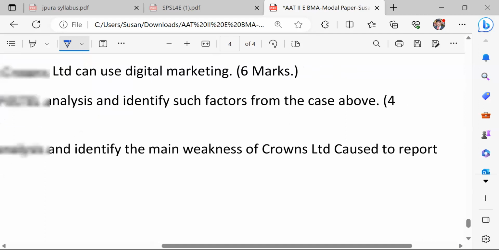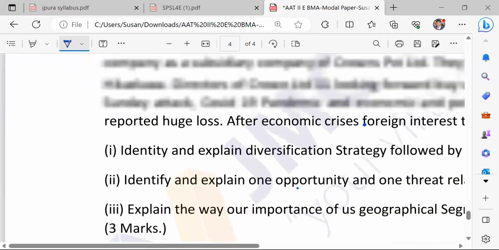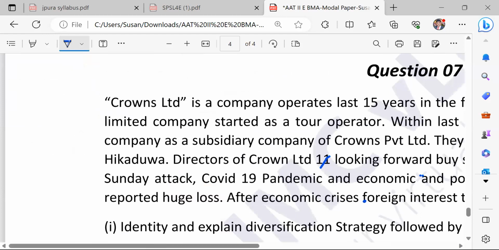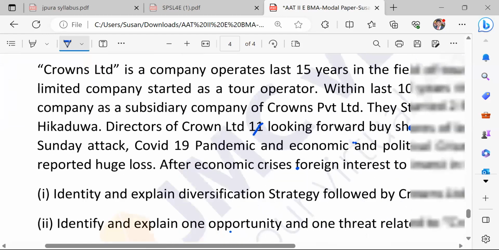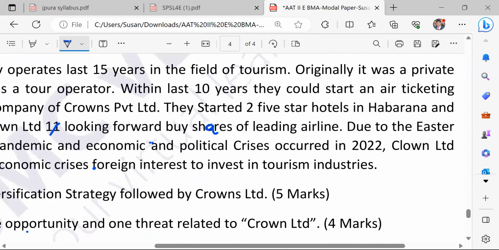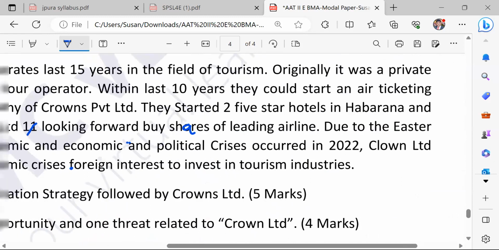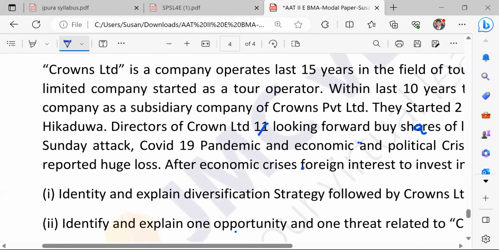Why did it report a huge loss? COVID-19 pandemic and political crisis occurred in 2022. Crown Limited reported a huge loss. Why? Crown Limited faced some threats from the external environment. There are some social impacts, economic impacts, and political impacts.